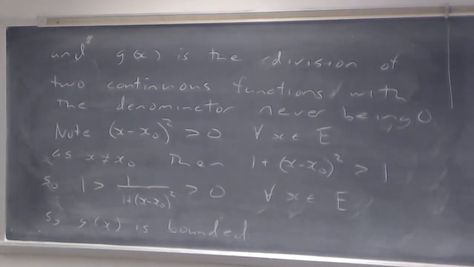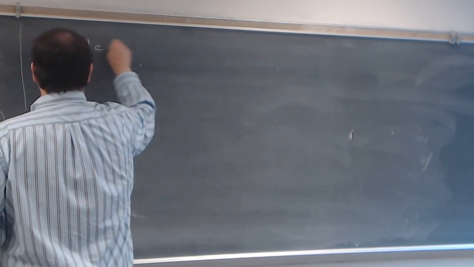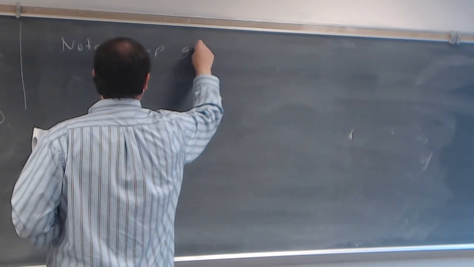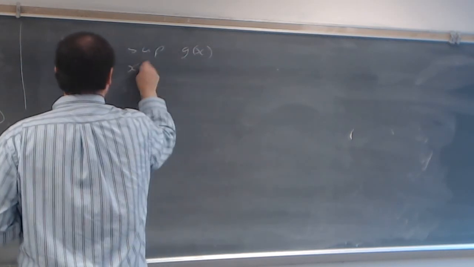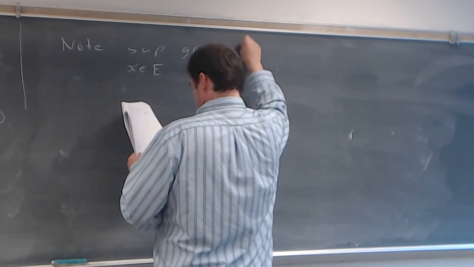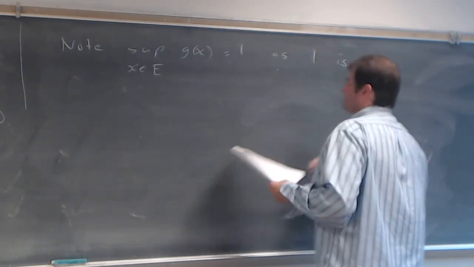Well, the first thing I want us to do is figure out what is the supremum for the output values. Note that the supremum of all the output values, g of x, where x is in E, is equal to 1, as it's clear 1 is an upper bound. We've already showed that.